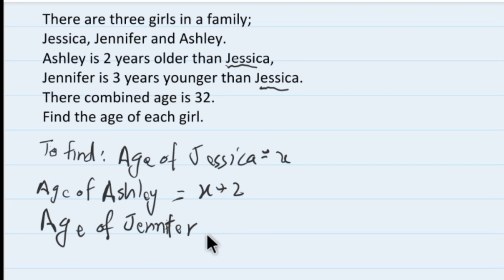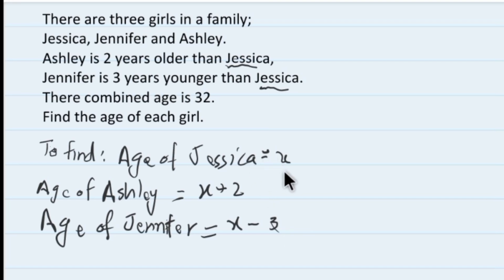Similarly, the age of Jennifer is 3 years less than Jessica, that is 3 years younger than Jessica. Since the age of Jessica is x, minus means less. We can say less than or younger than Jessica by how much? By 3 years.